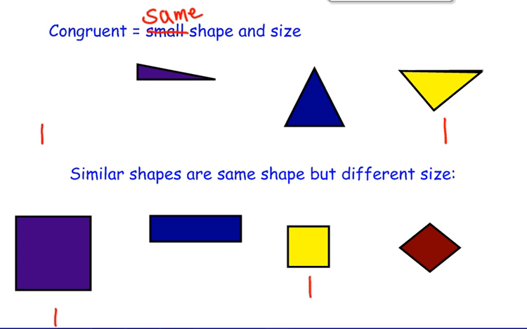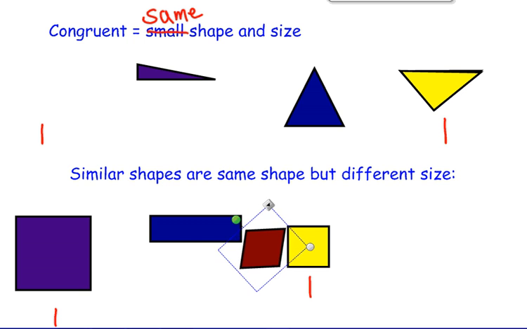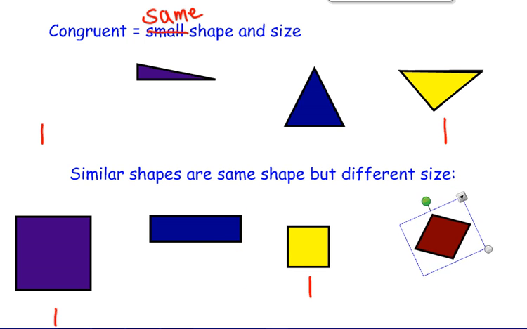Because if we were to take the red one over here, it looks pretty similar, but if we were to turn it like this, we'd notice that it has very different angles compared to our yellow one. All right, so looks close, but not quite. So we have that idea also.